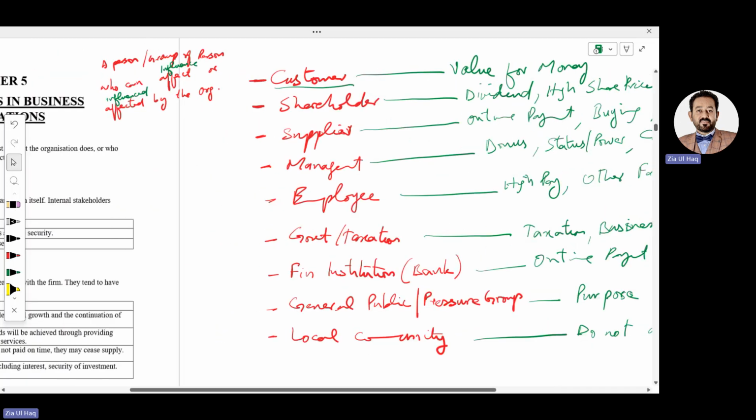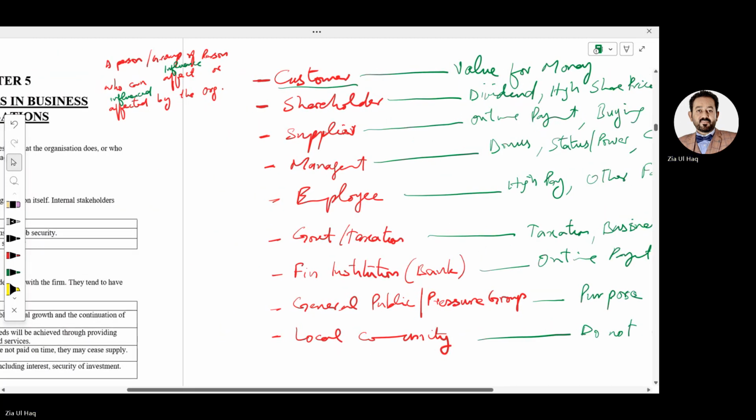Stakeholders could be internal or external. Internal are those who are inside the business, and external are those who are outside the business. Who are the internal stakeholders? Customer, external. Shareholder, external, though sometimes they are part of management and could be internal. Suppliers, external. Only management and employees are internal.